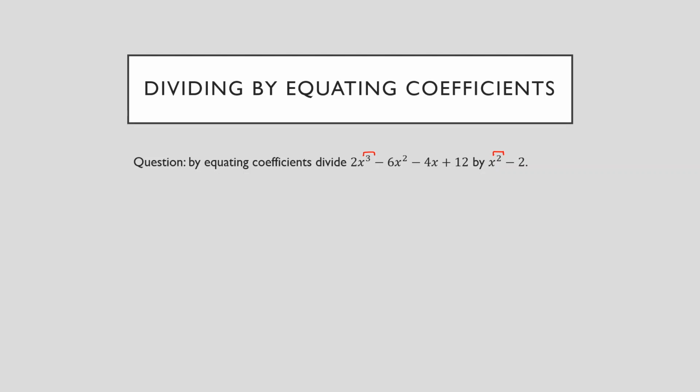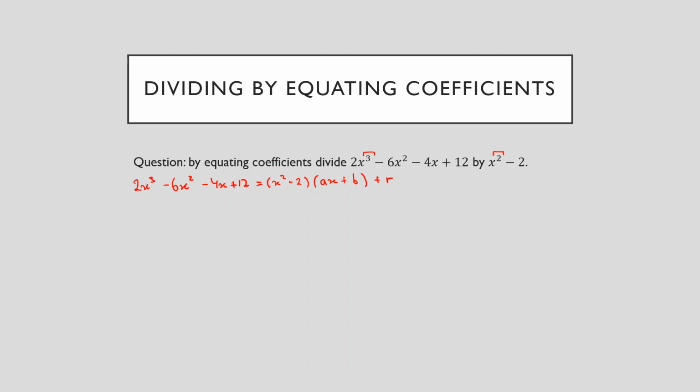So using that fact, I can say that 2x cubed minus 6x squared minus 4x plus 12 is going to be equal to this factor here, x squared minus 2, times some linear factor, ax plus b, and there may or may not be a remainder at the end. Okay, that's for us to determine.